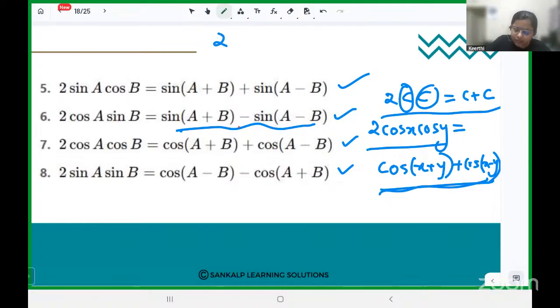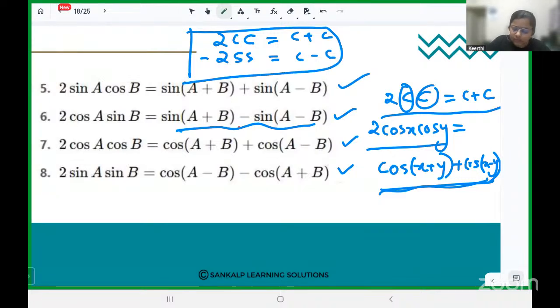Similarly, you can group all these four in that way. 2cc is equal to c plus c. Next one is minus 2ss is equal to c minus c. Now the third one is 2ss is equal to s plus s, and 2cs is equal to s minus s.